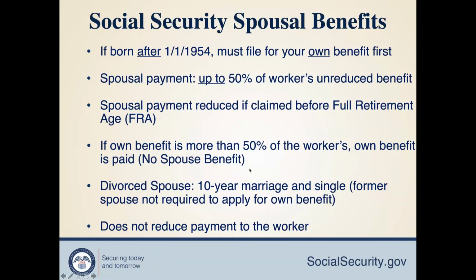Whereas if her benefit is only 1,000 and you are getting 3,000, 50% of 3,000 is 1,500. So she will get 1,500. Even though her own benefit is 1,000, she will get the spouse benefit. Then there are divorced spouse, 10-year marriage, and single. I'm not going into much detail on that.